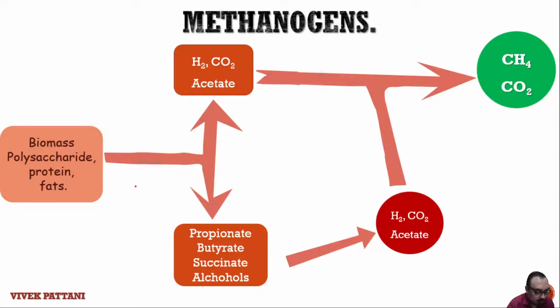Now moving forward with the basic mechanism. Nutrients may be in the form of biomass, polysaccharides, proteins, fats, etc., and this biomass will be converted into hydrogen gas, carbon dioxide or acetate, or propionate, butyrate, succinate, alcohols.